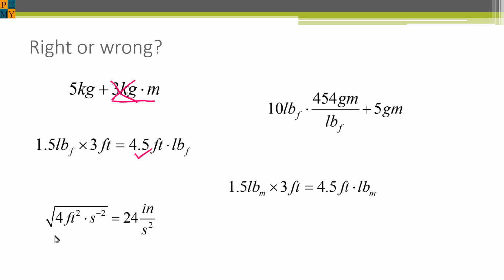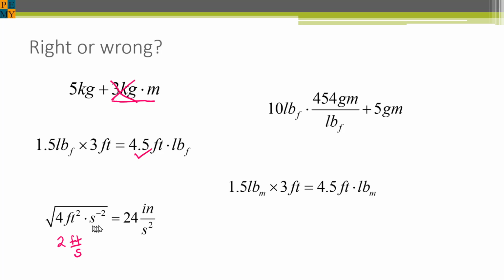This one you can take a square root of units provided that they work out to something reasonable. So we'd take the square root of 4, which is 2, the square root of feet squared, which is feet, and the square root of seconds to the minus 2, which would be seconds.